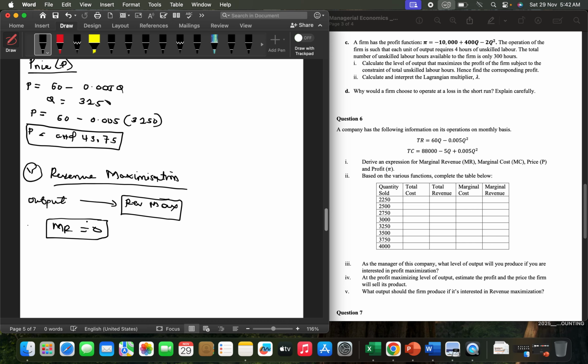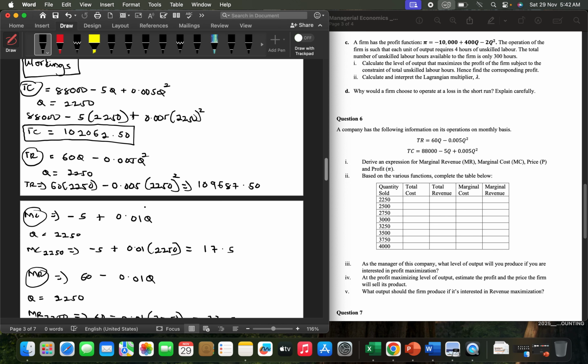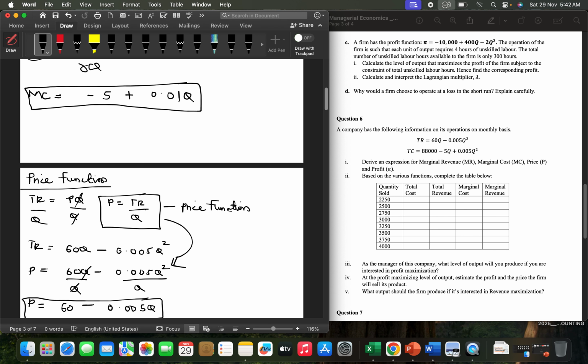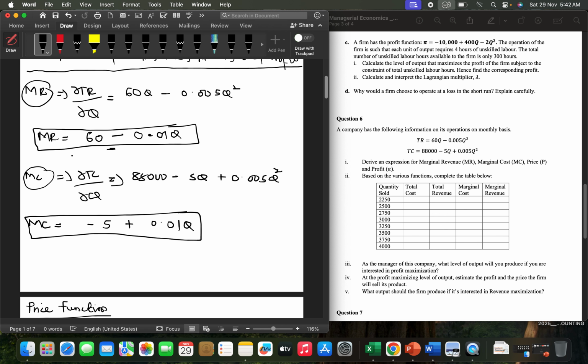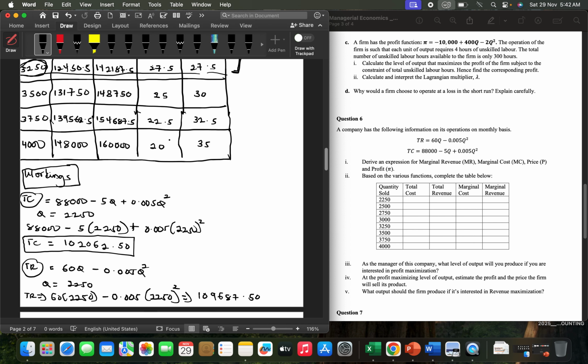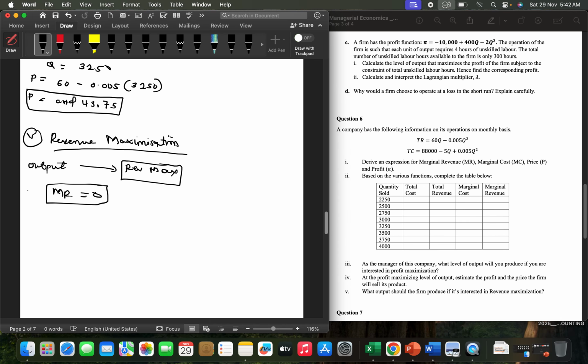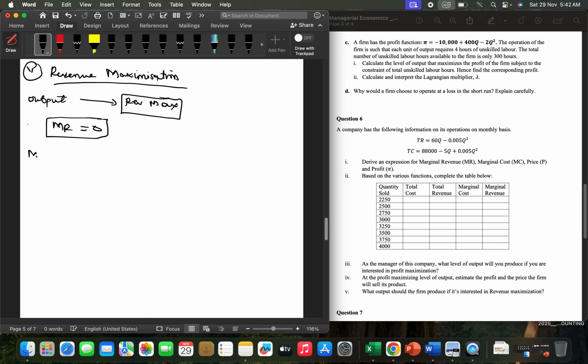Our marginal revenue function is 60 minus 0.01 Q. So 60 minus 0.01 Q should be equated to 0.